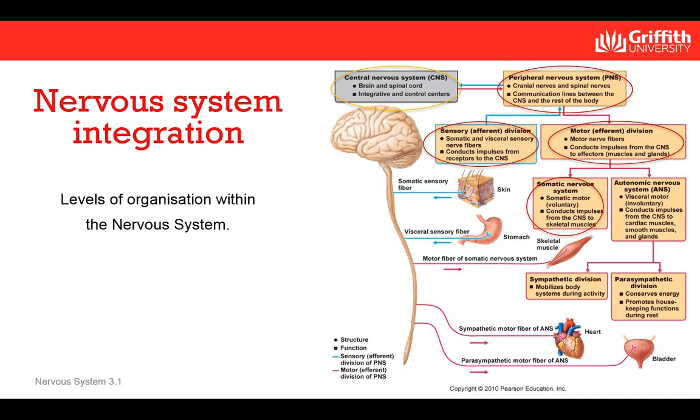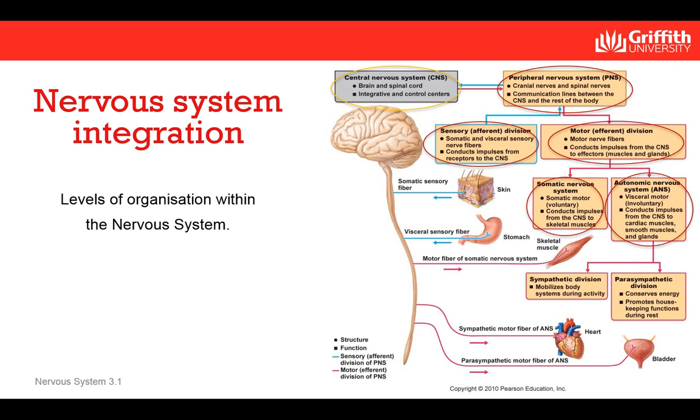This motor division of the PNS is further subdivided into the somatic nervous system, otherwise known as the voluntary nervous system, which activates skeletal muscles, and the autonomic nervous system, otherwise known as the involuntary nervous system, which regulates the activity of smooth muscles, cardiac muscles, and glands.